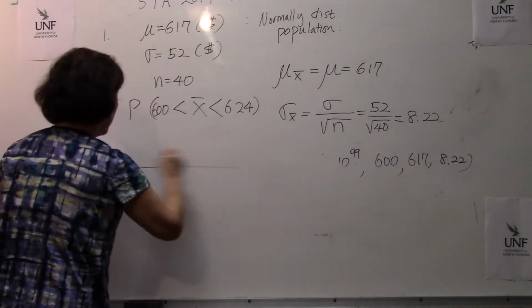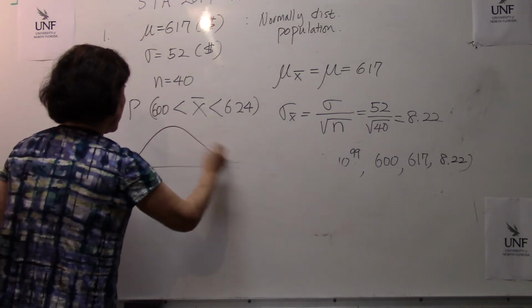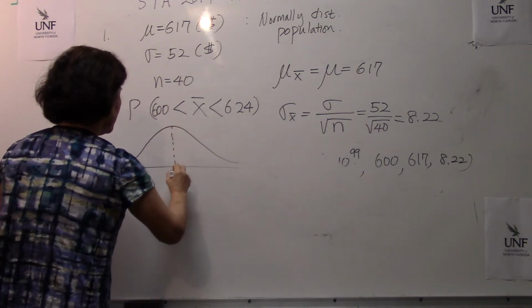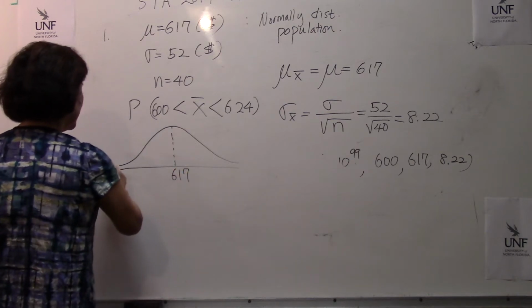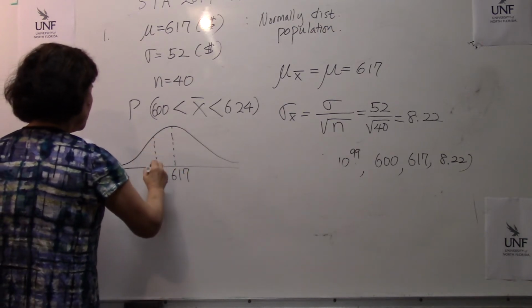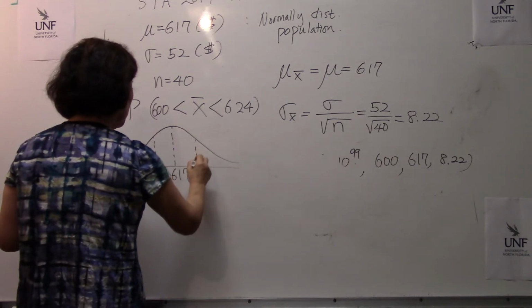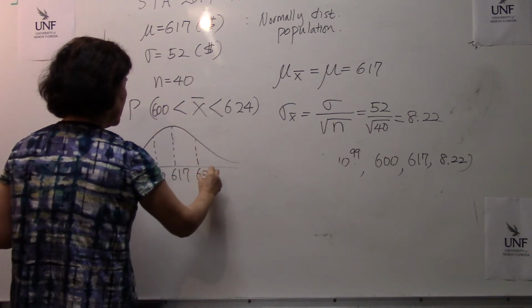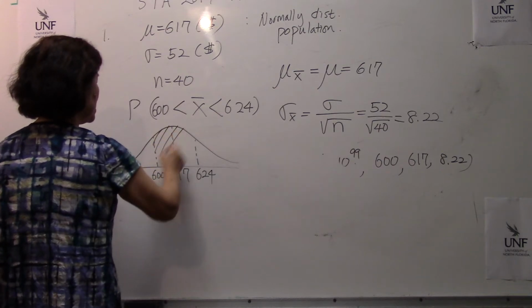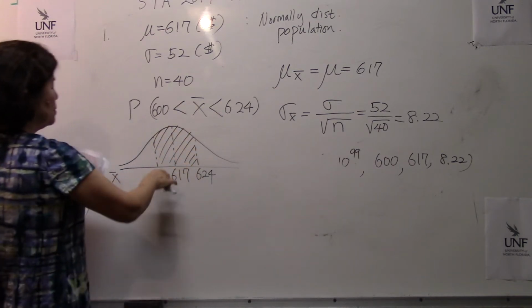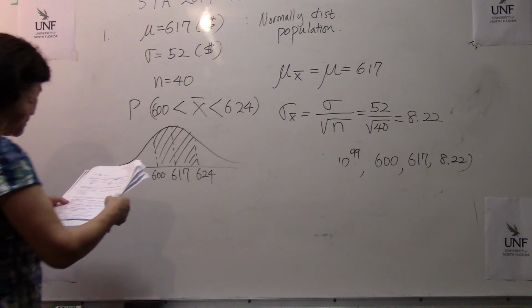So over here, 617 is right in the middle, and 600 is less than the mean, and 624 is more than the mean, above the mean. So this area is our answer.